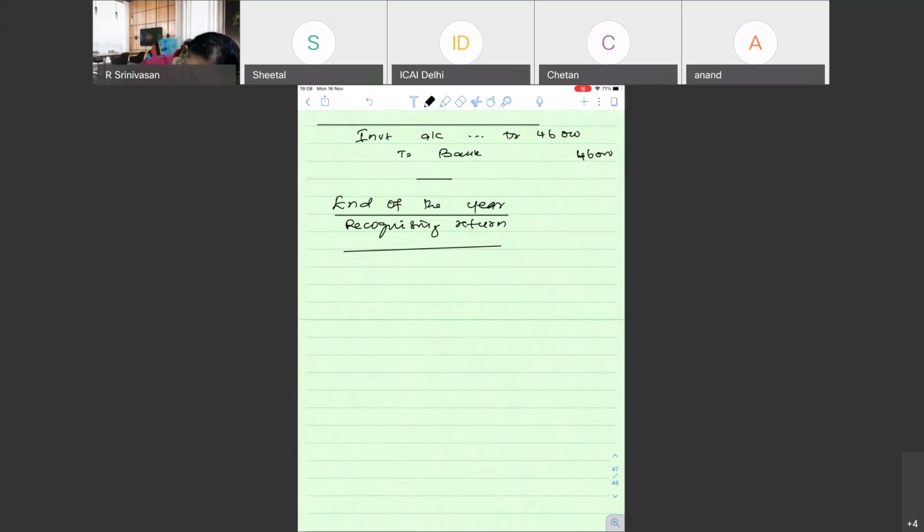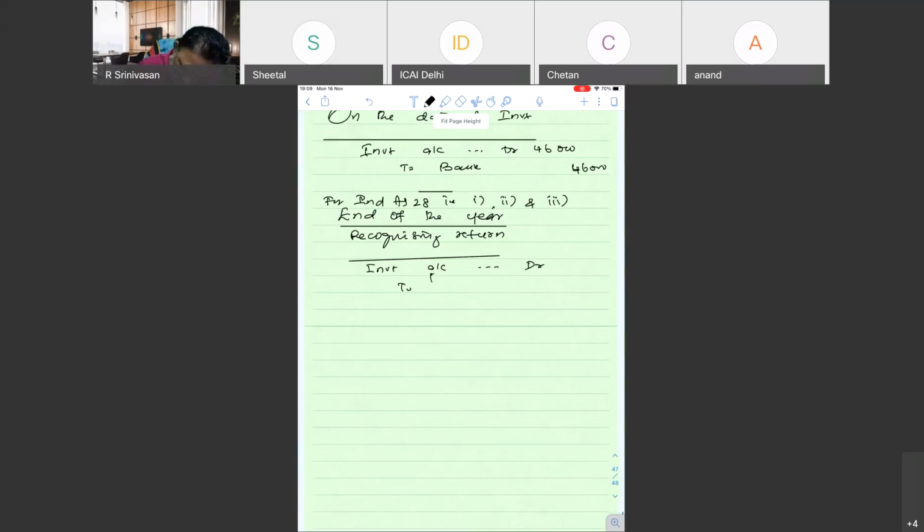So here, investment account debit. For Ind AS 28, that is cases 1, 2, and 3, at the end of the year, investment account debit to profit and loss account, to other comprehensive income. We will be identifying extraordinary items as extraordinary items, and the revenue return as revenue return, and both will increase the value of investment.